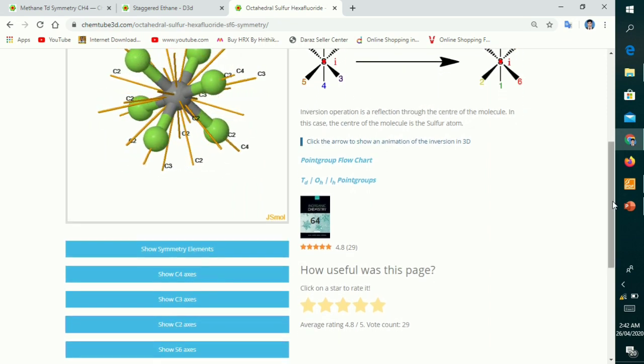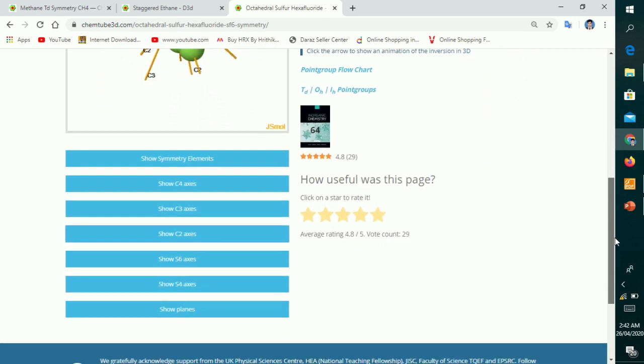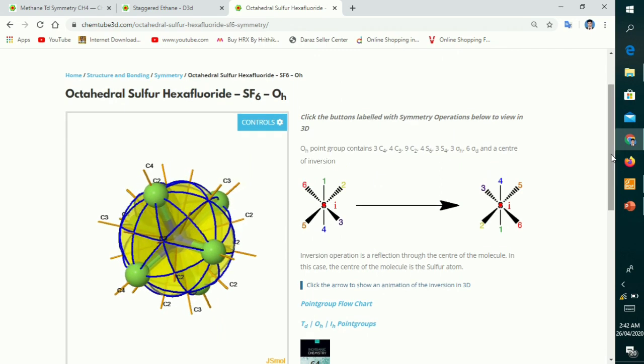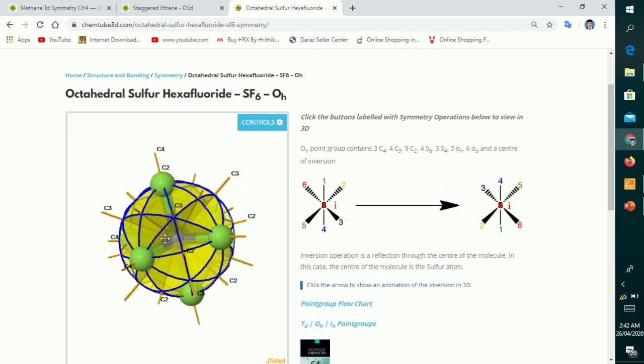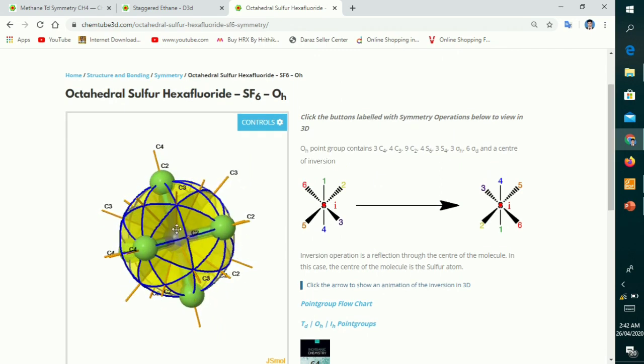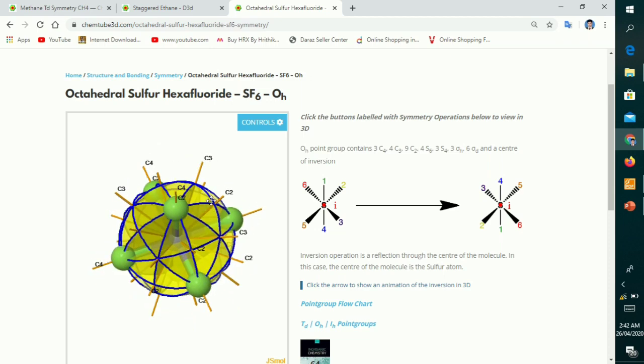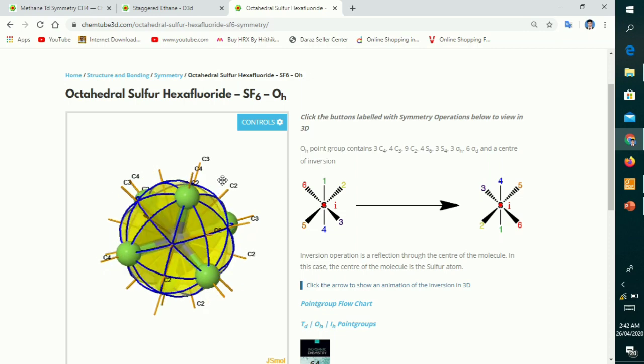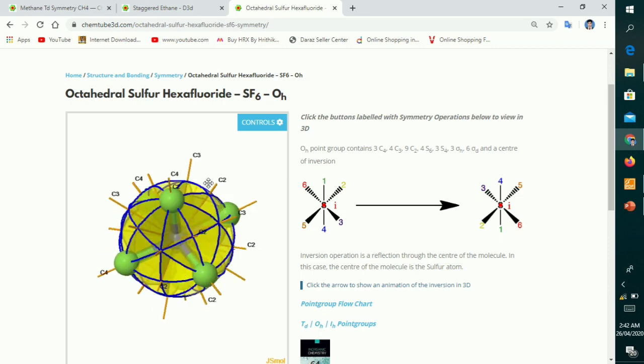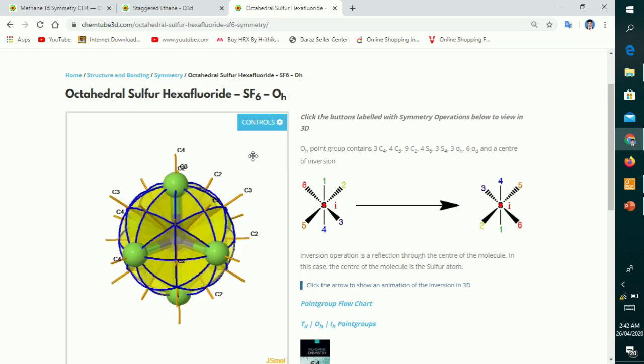So let's move to the planes, show planes. These are the planes showing in SF6 molecule. I have already told you there are 3 sigma h and 6 sigma d. There are 9 planes of symmetry present in SF6 molecule.